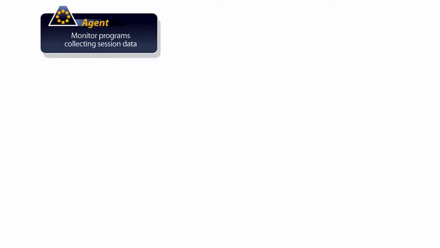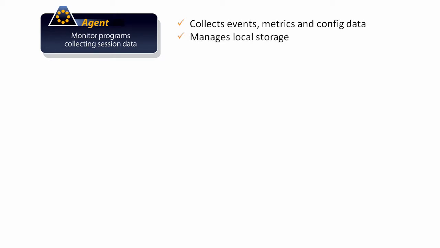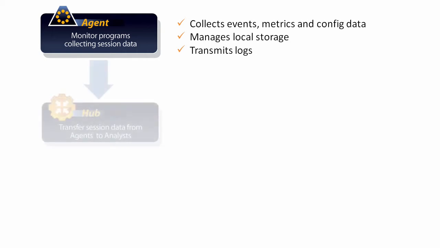To summarize, Gibraltar Agent runs in process within your application, safely and efficiently collecting system events, metrics, and configuration data. The agent stores logs locally with automatic pruning that keeps storage requirements bounded. Agent also packages and transmits logs automatically or on demand via email or HTTP requests.